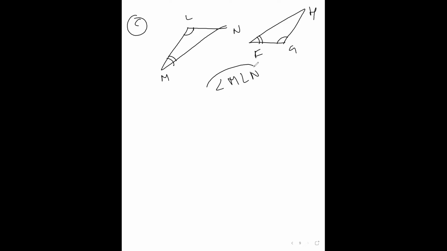Okay, we saw that the middle letter is the vertex. This is your starting point. This is your ending point. So MLN, starting point is M, then you go to the vertex which is L. Starting point is M, then you go to the vertex which is L, then you go to N.